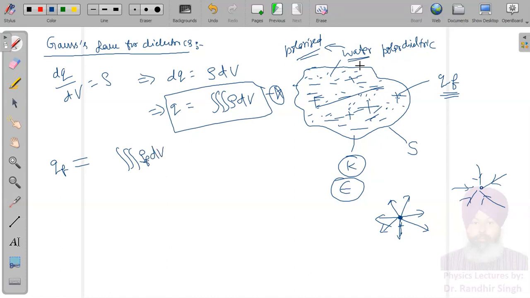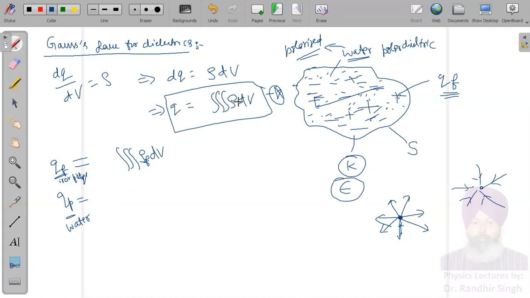Please remember, this volume is same for water and this volume is same for iron fillings. So iron fillings are present everywhere, water is present everywhere. So iron fillings create free charge and water is the medium. And what will be polarized charge? This is the charge that is produced by water due to polarization. This is the charge that is due to iron fillings. It is free charge.